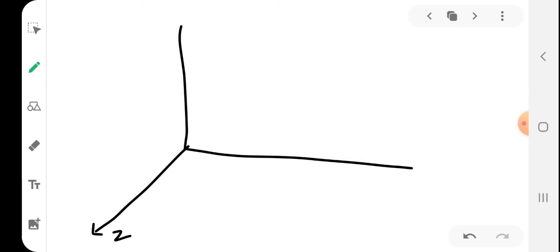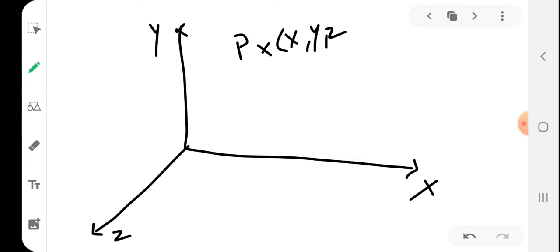So this is z, this is y, this is x. Suppose the initial position of a point P in an object is x, y, z. So this is my point.